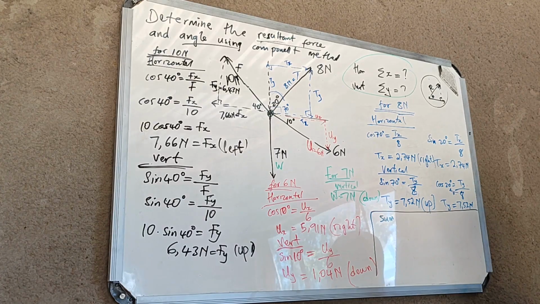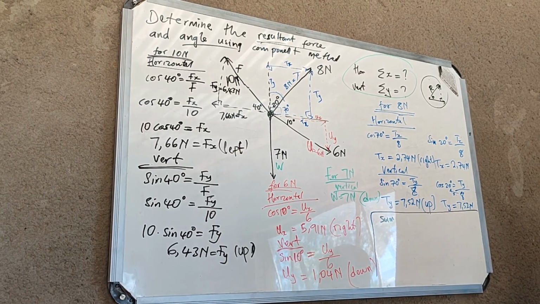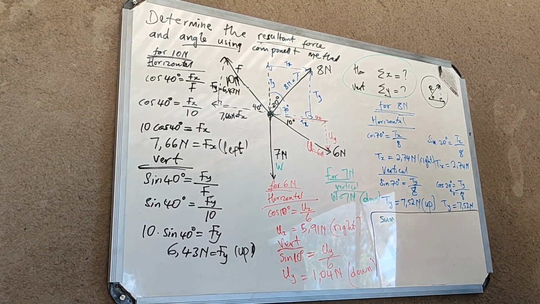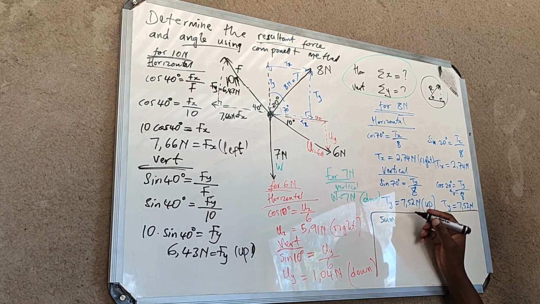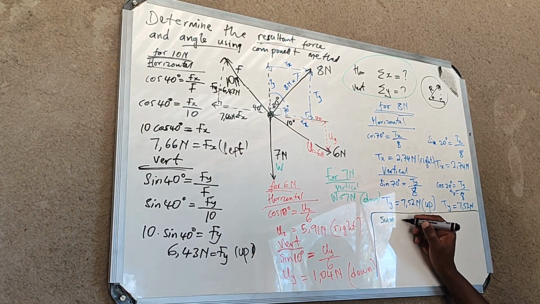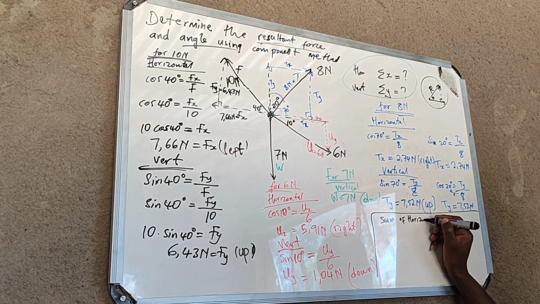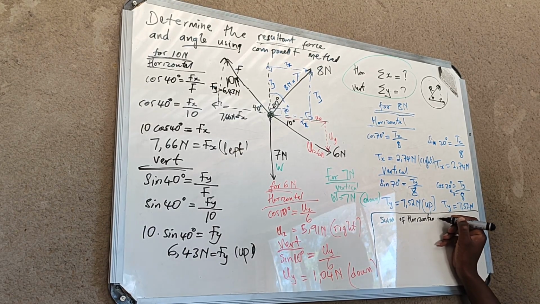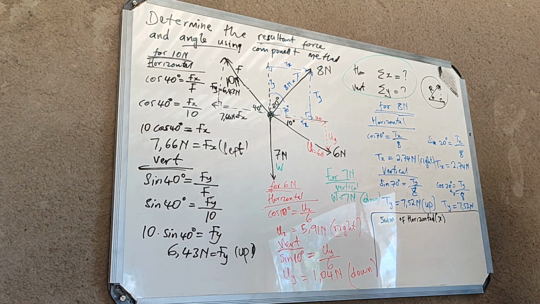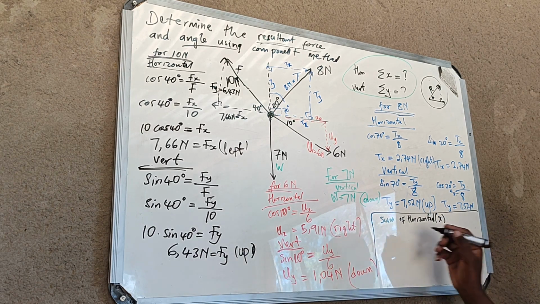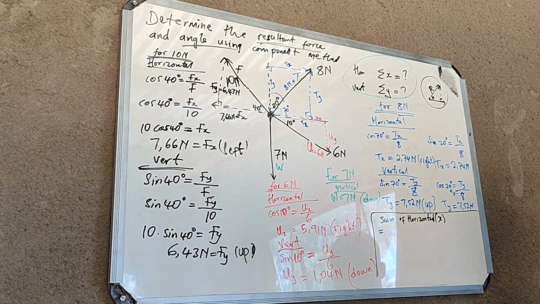We're just getting all the components so that we can go and get the resultant, because we cannot get the resultant without the components. So the sum of horizontal, what do we mean by horizontal? X.